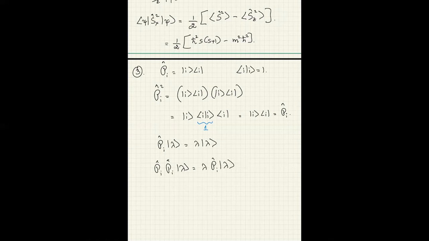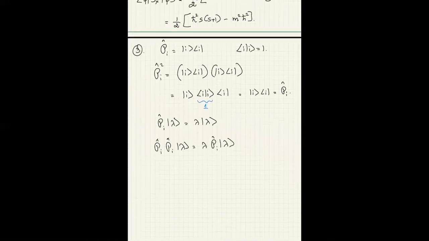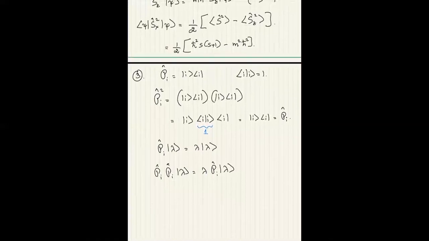Does this make sense? I hope it does. Now, what is the left-hand side? The left-hand side is Pi squared acting on the ket |lambda>. But since Pi squared is the same as Pi, I can write the left-hand side as Pi acting on |lambda>. And what is the right-hand side? The right-hand side is lambda acting on Pi|lambda>, but Pi|lambda> is lambda|lambda>, so using the first equation this can be written as lambda squared |lambda>.